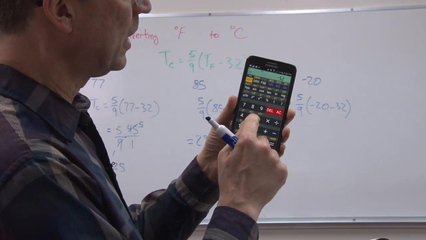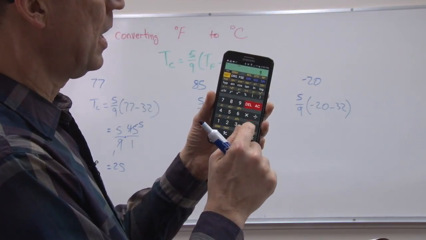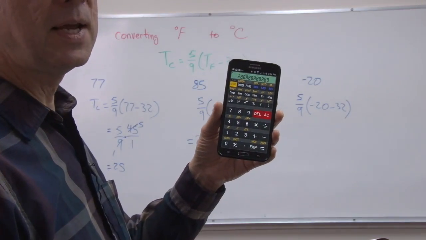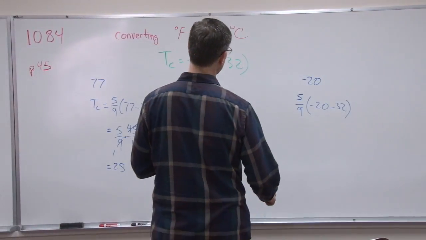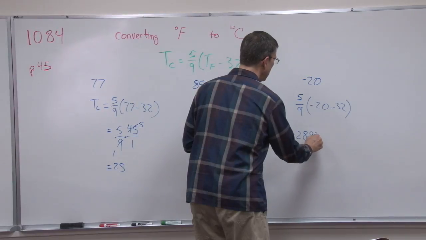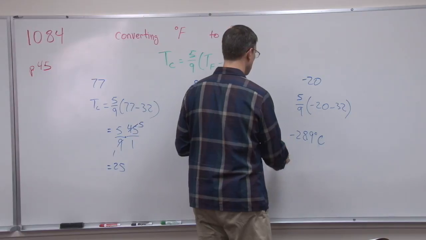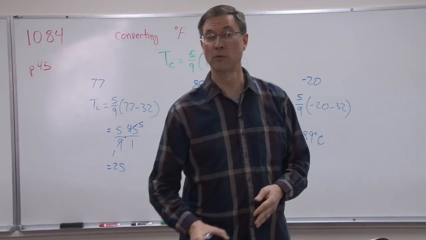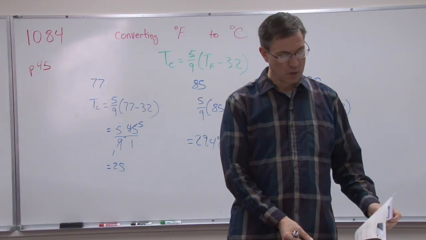Now I'm going to take that times 5 equals, divided by 9, so 260 divided by 9, negative 28.8 repeating. And so we'll round that off to negative 28.9 degrees. Whoops, we're going from Fahrenheit to Celsius, okay? And so that helps you see the steps involved in doing one of the problems there on page 46.